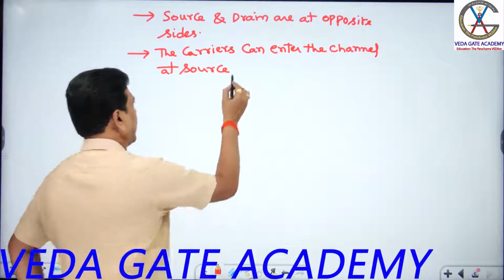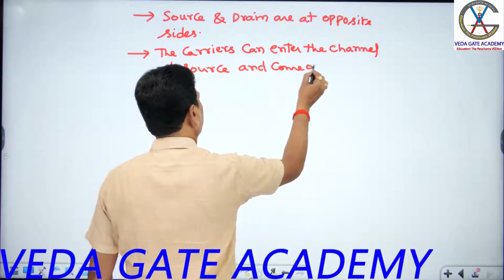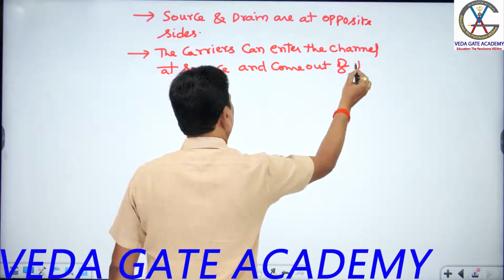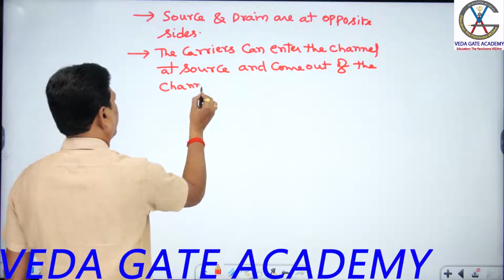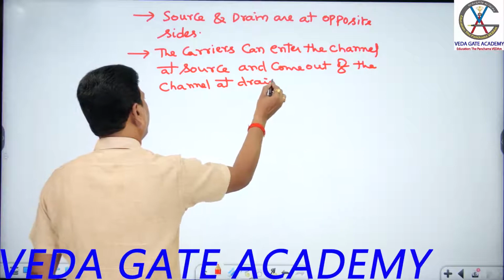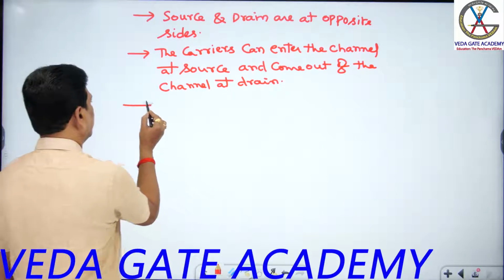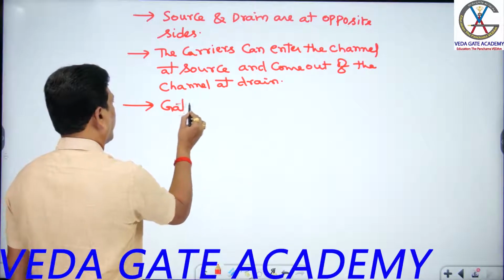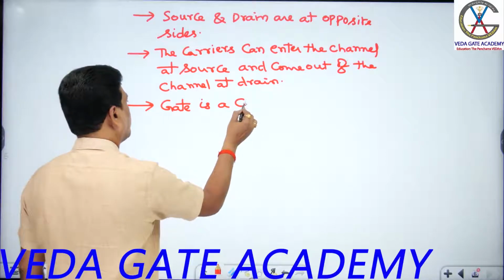Source, and come out of the channel at the drain. Confirm? Come out of the channel to drain, students. What is this gate? Gate is a controlled switch I can call.